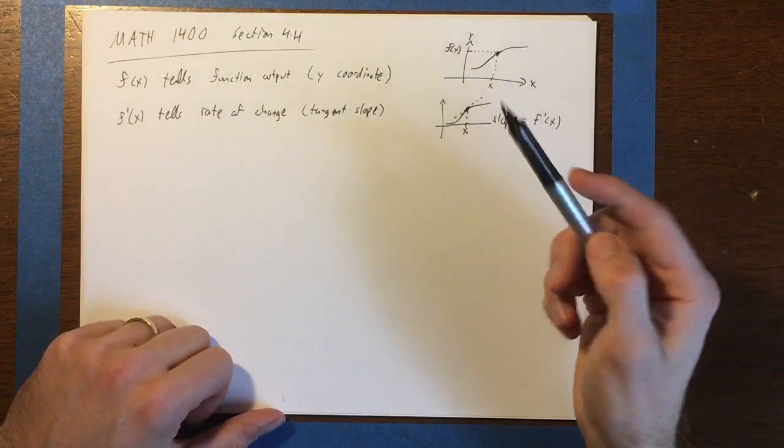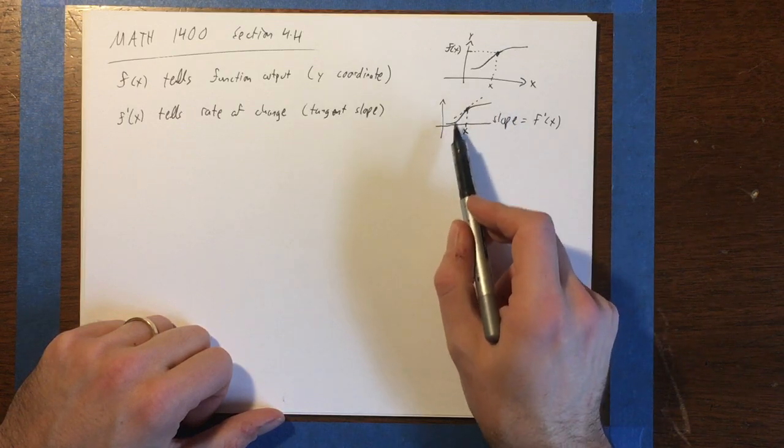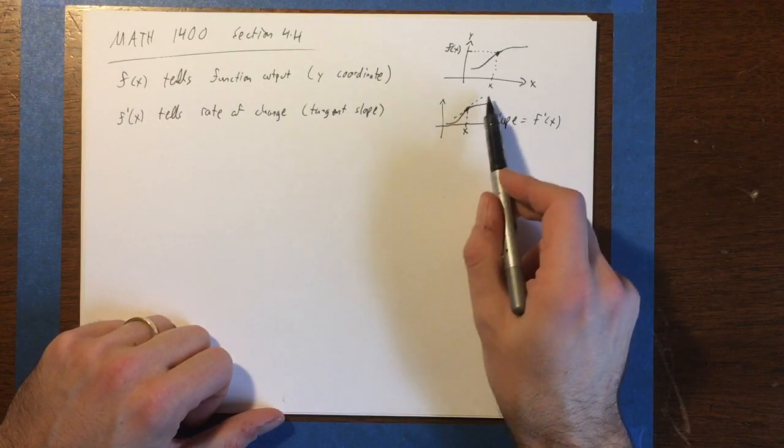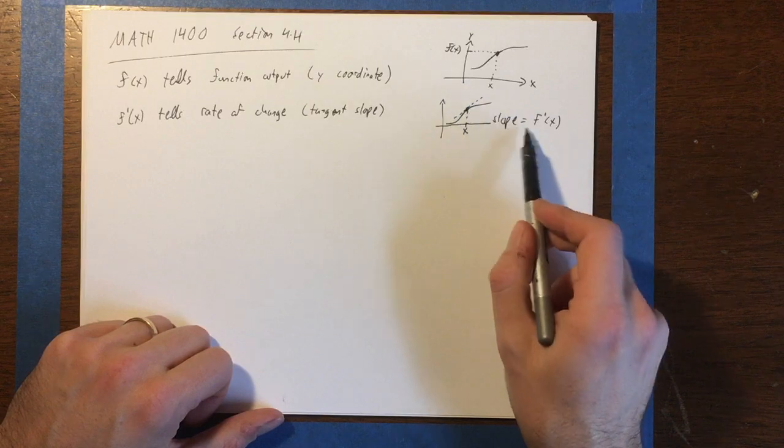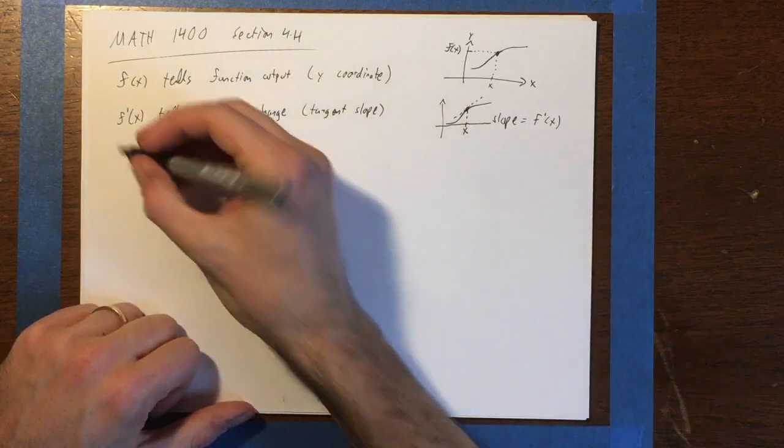Here's a function f, and here's an x input, and here's a tangent line right here, and its slope equals f prime of that x value. So that's the instantaneous rate of change.